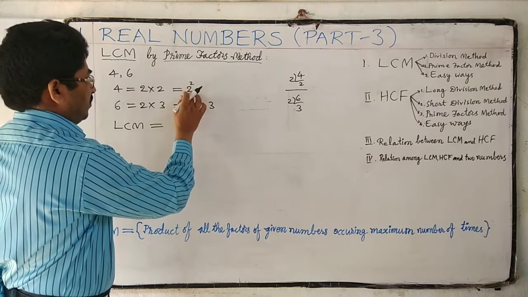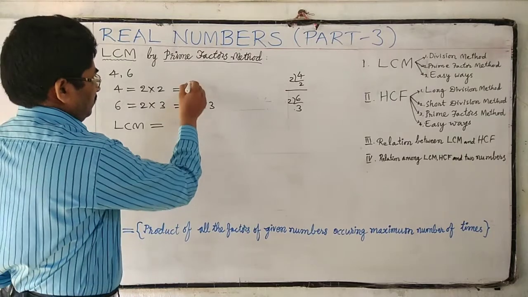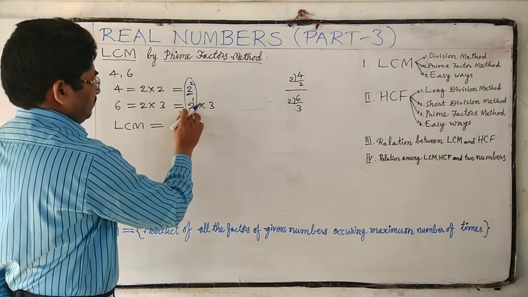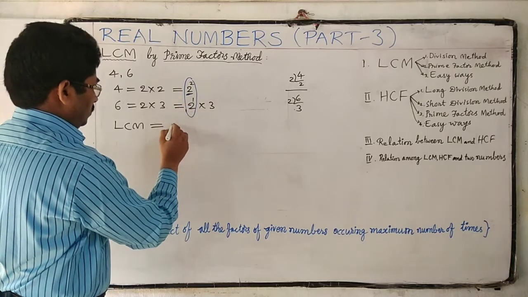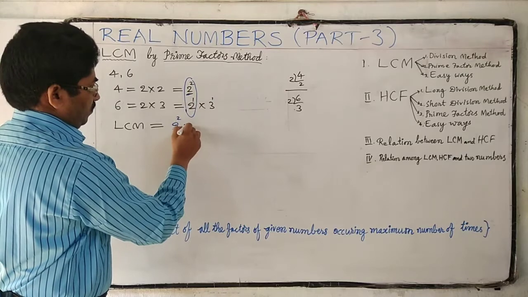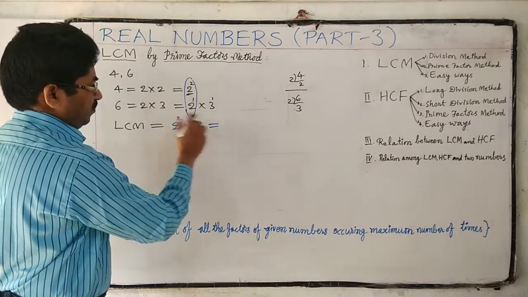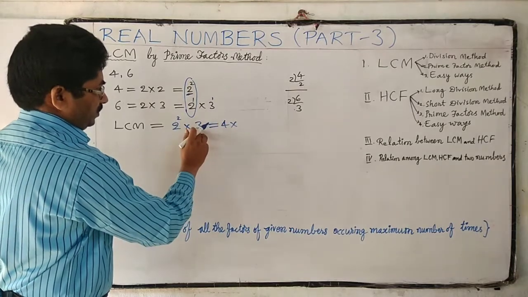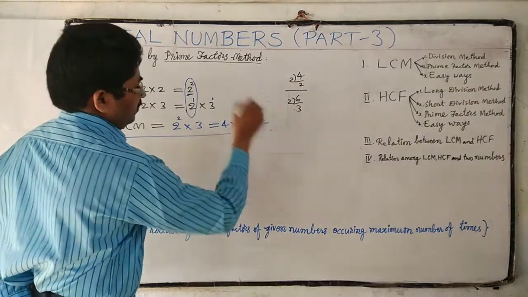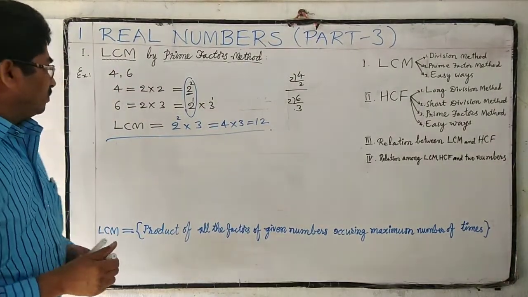In this, we have to take maximum number of times. This is the maximum number of times occur. So 2 square, this is 1, 3. 2 square, 2 2s are 4, 4 3s are 12. This is the answer.